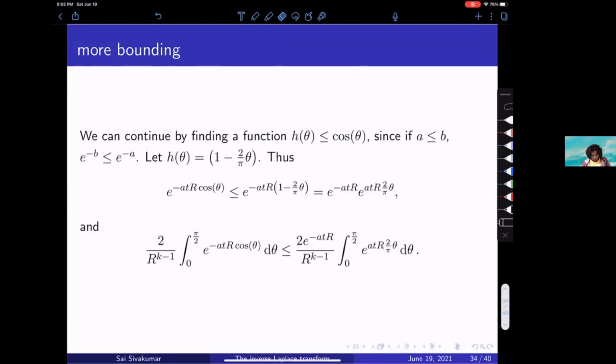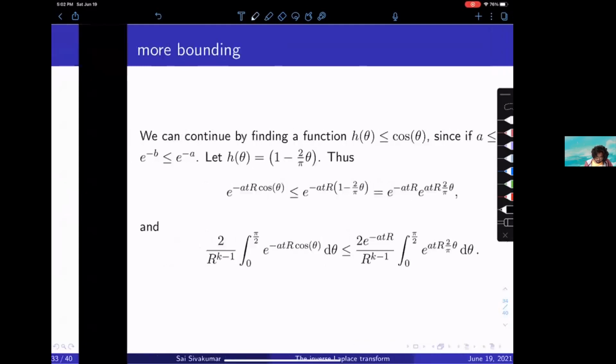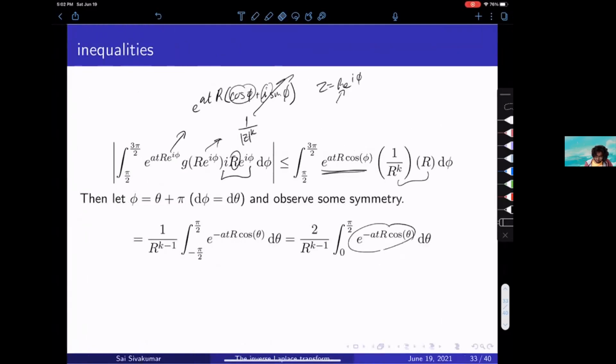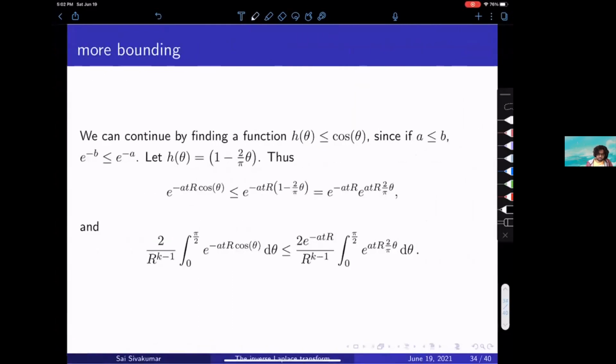So now that we've focused our interval to 0 to pi over 2, what we want to do is continue bounding this from above. Like, this is kind of yucky. We don't really have a way to integrate this immediately, but there's an easier way if we just bound it above.